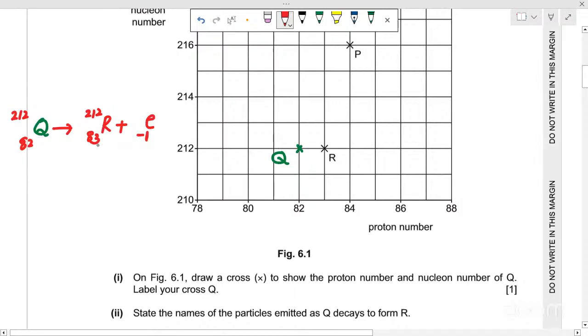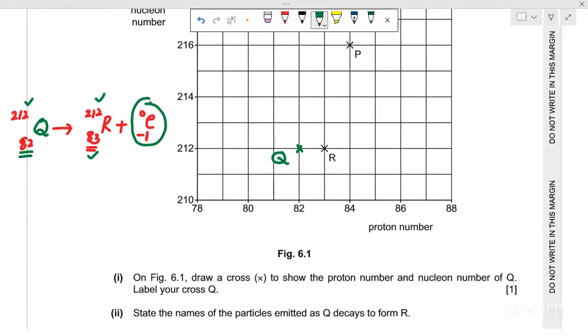So -1 plus 83 will make 82, and this number is 0. So beta negative is emitted from Q to form R. Why not beta positive? When beta negative is emitted, it increases the proton number by 1 and keeps the nucleon number the same, because the nucleon number of beta negative is 0 and the proton number of beta negative is -1.